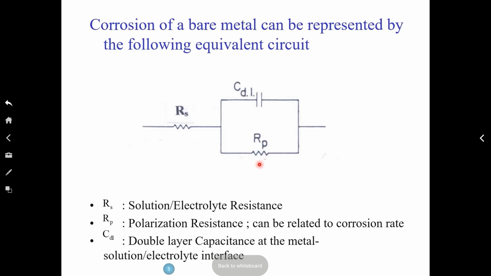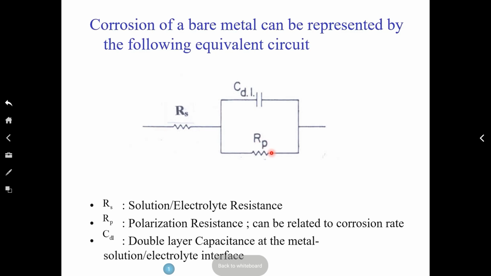There is some barrier which is represented by this resistance, which is referred to as polarization resistance. This is what the corrosion community needs. And from the impedance measurement, they can get numerical values for all of these. And once they get RP, they're very happy.